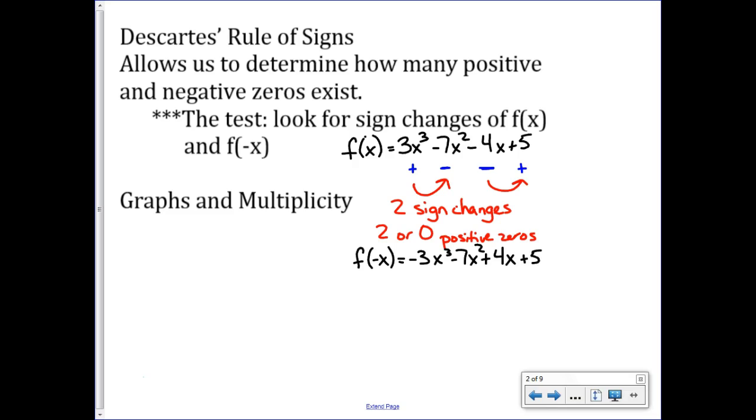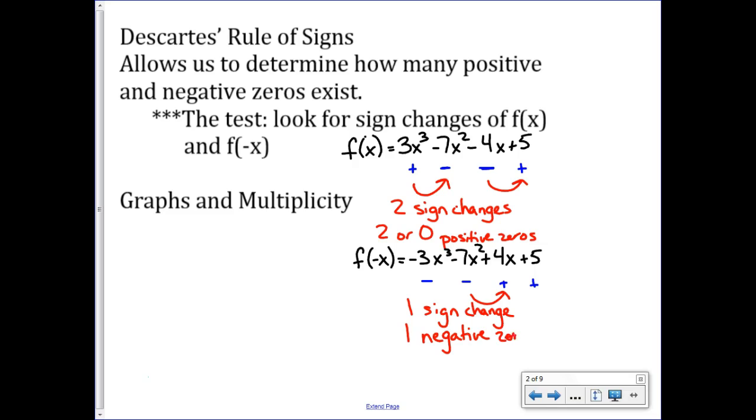So then I look, and I started off with a negative, I stayed negative, I got a positive, and a positive. So the only thing that happened was the negative to a positive. So then we have one sign change. So that means we have one negative zero because we're dealing with f of negative x, or the opposite of x.